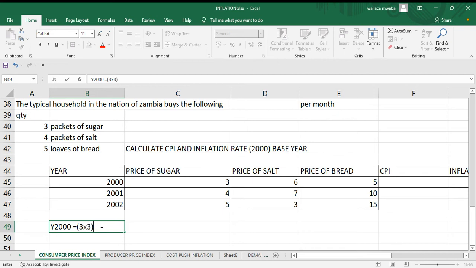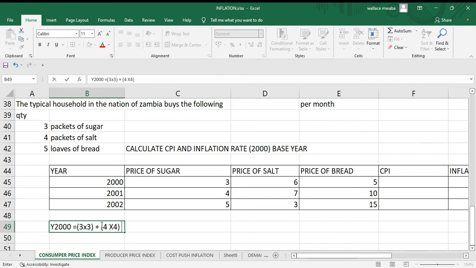That's for sugar. We say plus salt. For salt, the price is 4 kwacha, and people usually buy 4 packets per month.